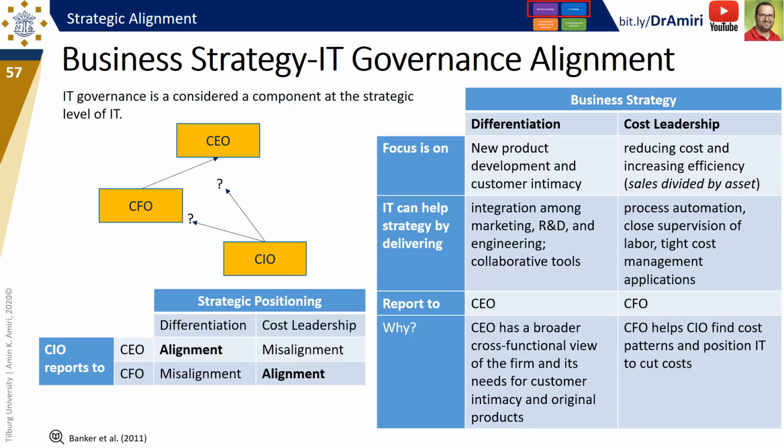Therefore, because they are well motivated, they will push for the integration among marketing, R&D, and engineering. They provide better ideas and they can help IT provide those deliverables better.